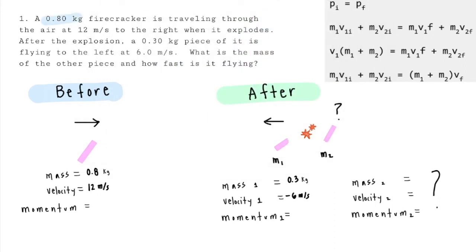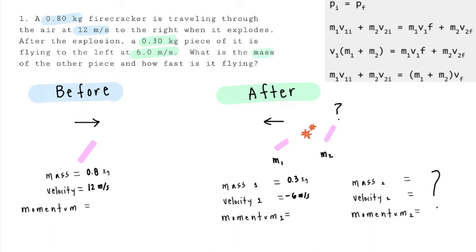So the firecracker starts out as just a single object, 12 meters per second to the right. And after it explodes, it becomes two objects. One of those objects is 0.3 kilograms, moving 6 meters per second to the left.